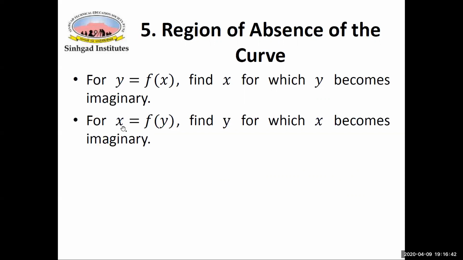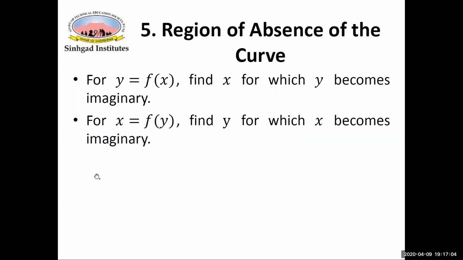And if the equation of curve is x equal to f of y, find the values of y for which x is imaginary, that is x square is negative. For all those values or for that range, your curve will not exist. In that range, your curve will remain absent.